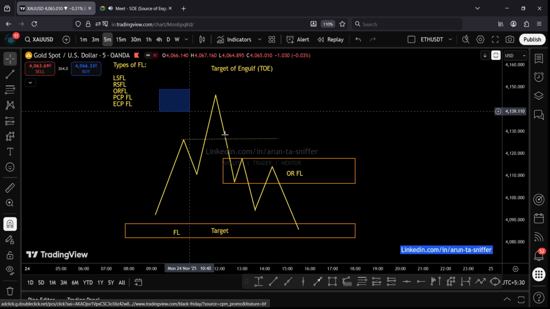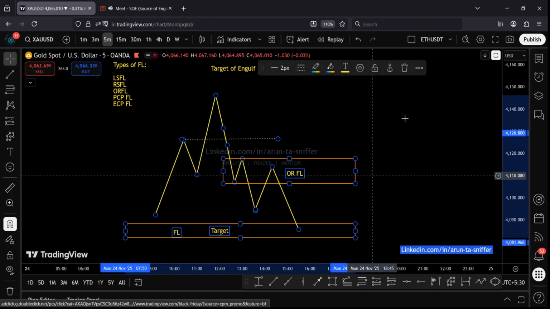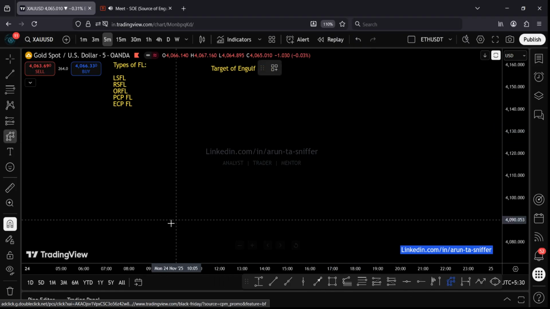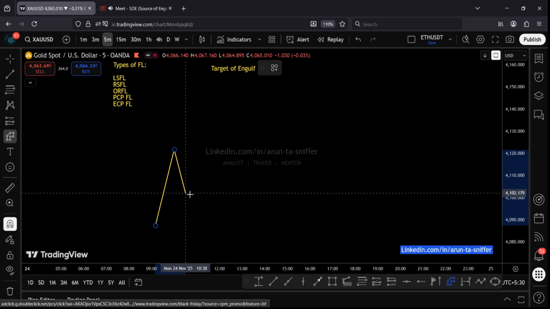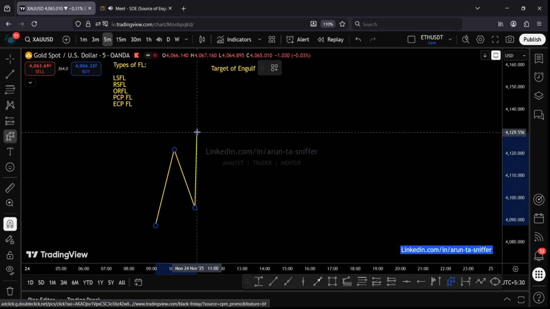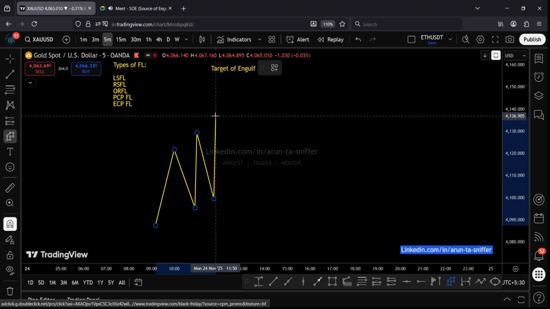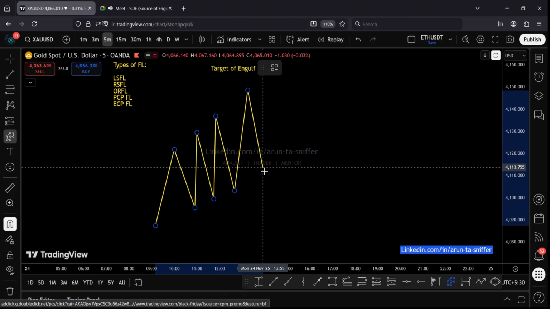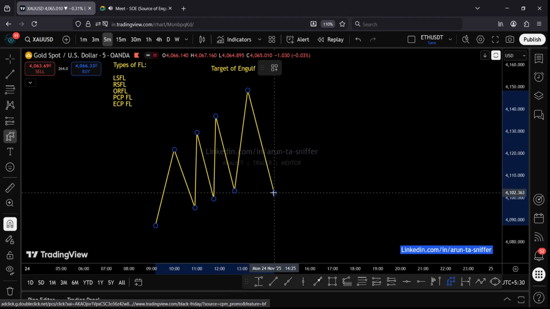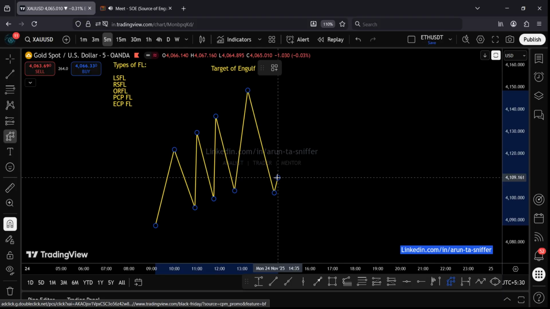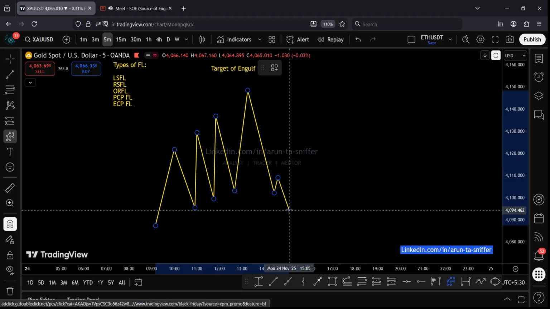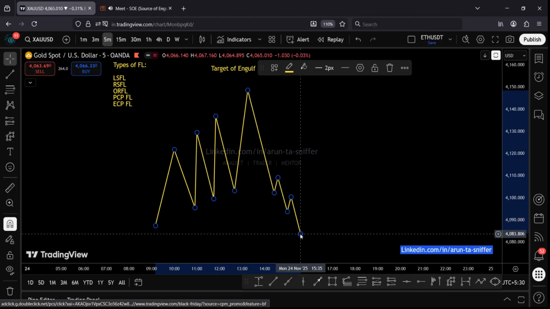So now let's discuss PCP and ECP. Think like we have a compression price action line. It goes up, comes back to the MPL, then goes up, comes back to the MPL, then goes up and engulfs this MPL. This is what we call PCP, and this is our ECP, end of CP.